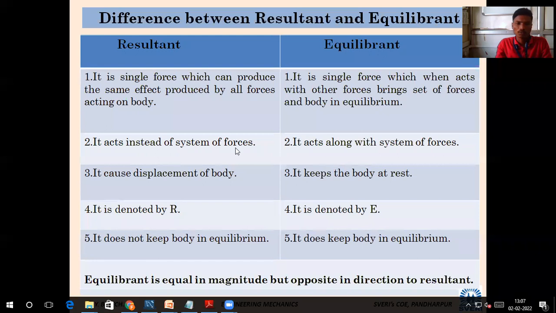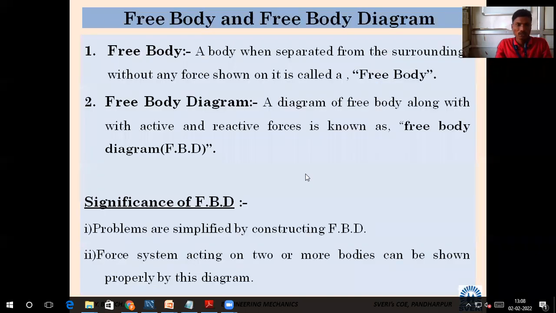It opposes the resultant so that the body remains stationary. The cause of displacement is the resultant, and the cause of being stationary is the equilibrant, in short.